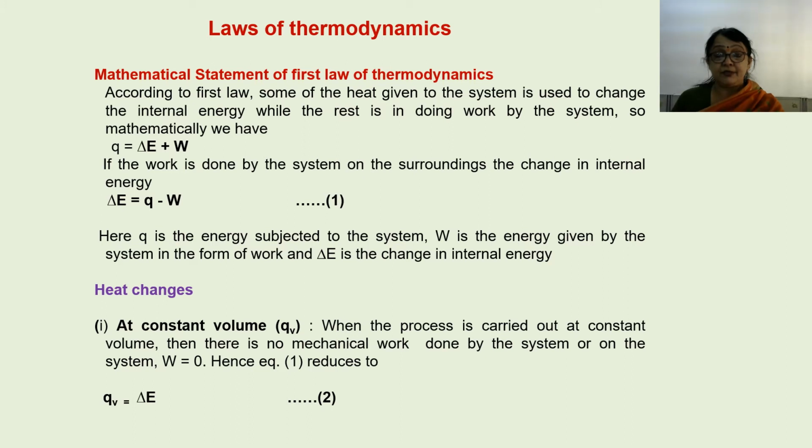Thus, the equation becomes del E is equal to Q. Since the process is carried out at constant volume, the subscript V is put on the heat energy Q. Therefore, the equation becomes QV is equal to del E. This is equation second.